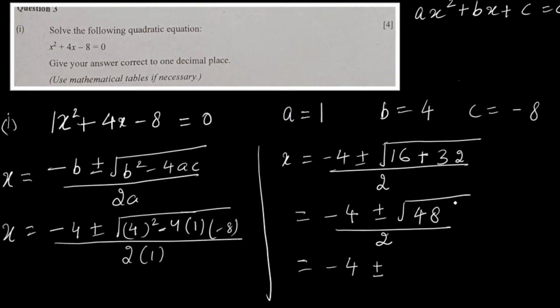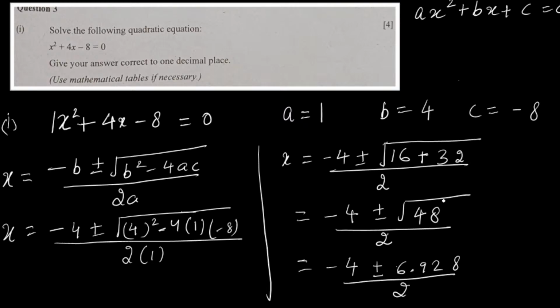Tell me up to 3 or 4 decimal places, whatever way it is given in the square root table. It is 6.928. So we take the full value, and the answer we will take up to 1 decimal place. First of all we'll solve it completely.